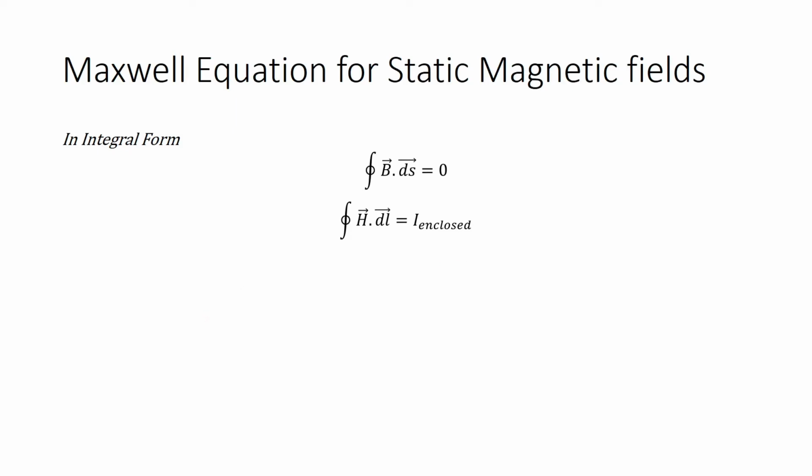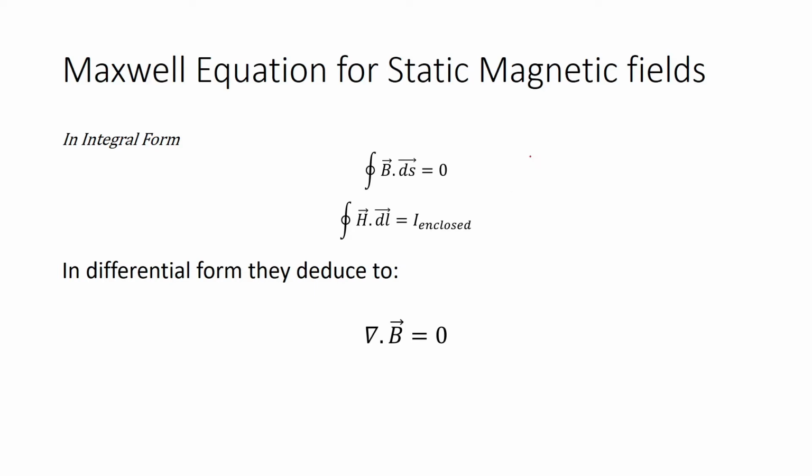Applying divergence and curl respectively to these equations, we get del dot B bar is equal to 0, applying divergence to the first equation, and applying curl to the second equation, where I enclosed can also be written as the integral of J bar dot ds bar, and this can also be written as the surface integral of del cross H bar dot ds bar.